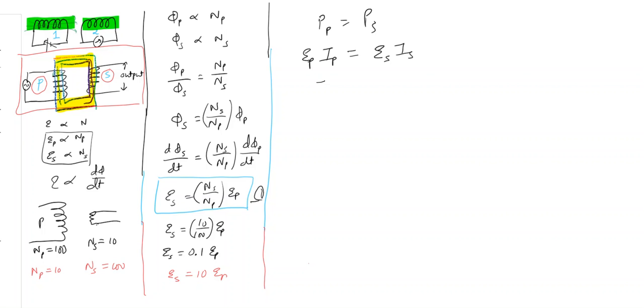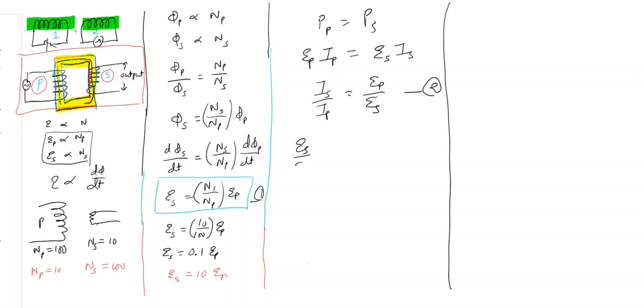And then if you take IS by IP, it is epsilon P by epsilon S. Use the second equation in the first one and see what you get. Epsilon S by epsilon P is equal to IP by IS is equal to NS by NP.